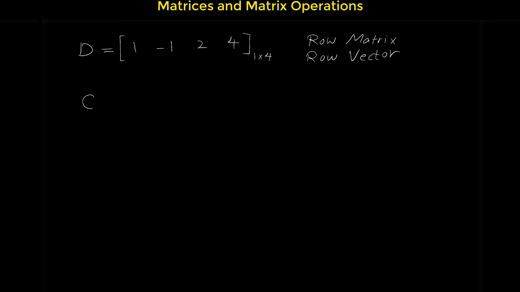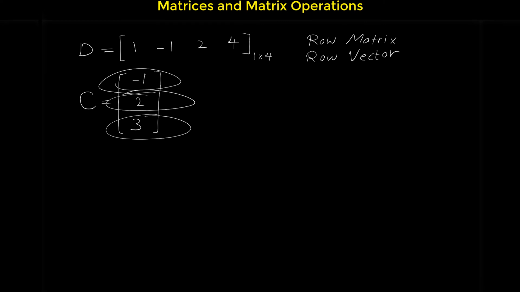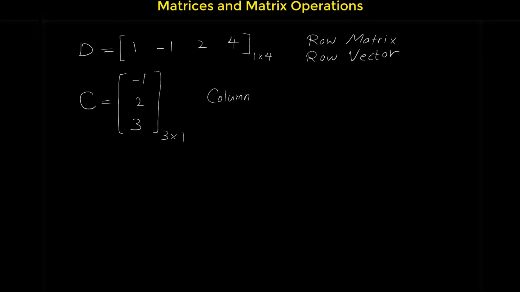Probably you can guess that we can have a column matrix. Let's name it C because column matrix. For example, negative 1, 2, 3. This is just one column but 3 rows. So this is a 3 by 1 matrix. And of course, we name it column matrix or column vector.